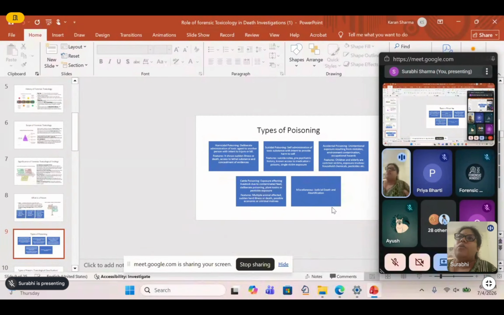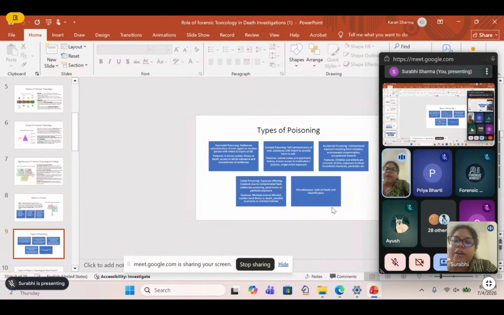If you give Jamal Gota to a person, it might even cause the death of the person, and it is said to be homicidal poison. And what are the features of homicidal poison? It shows sudden illness, like it acts like fulminate poisoning only. It shows sudden illness, death, and access to lethal substances before the death occurred.